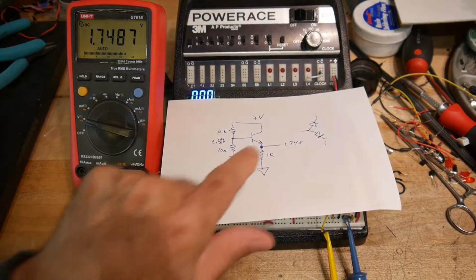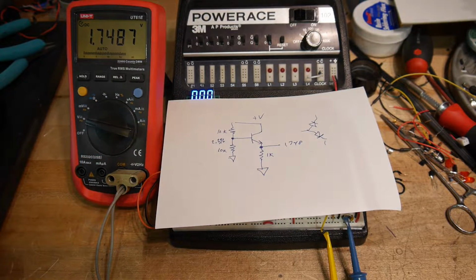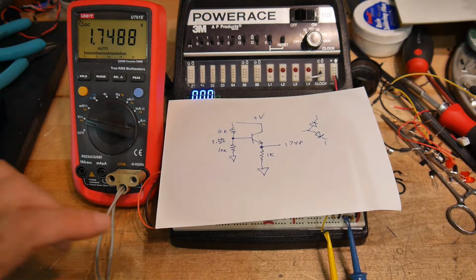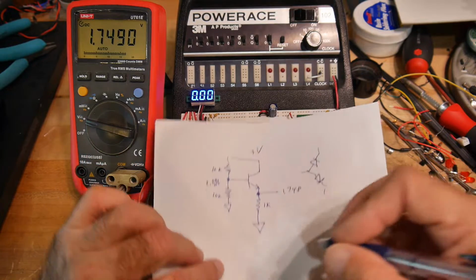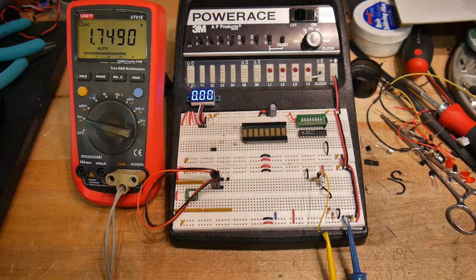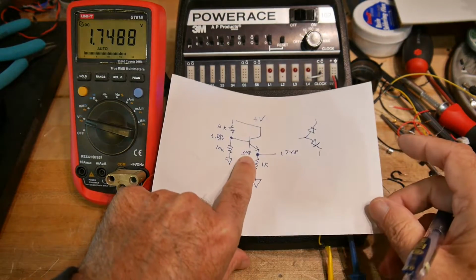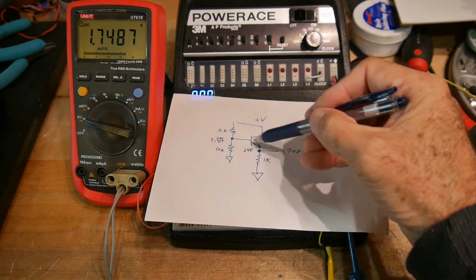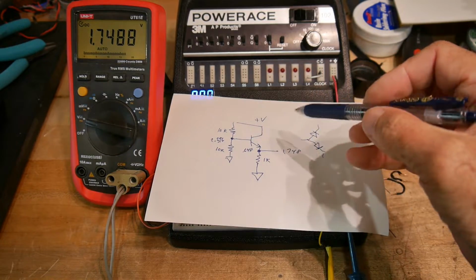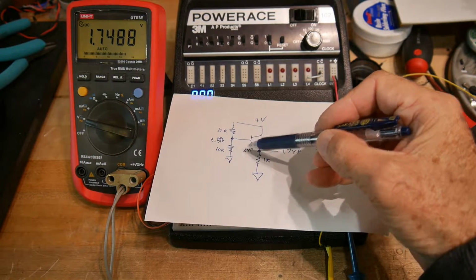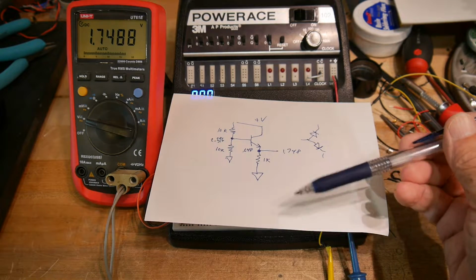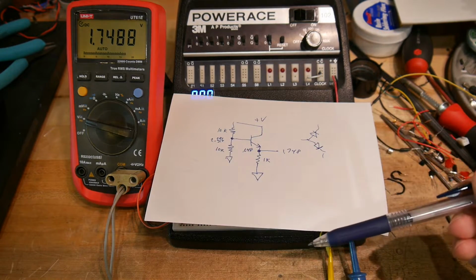Okay, so if we get our calculator, 2.396 minus 1.8, we have 0.648. Okay, so we have 0.648 volts across the transistor, and that's our diode drop, 0.6 volts. And so everything's working just fine here.